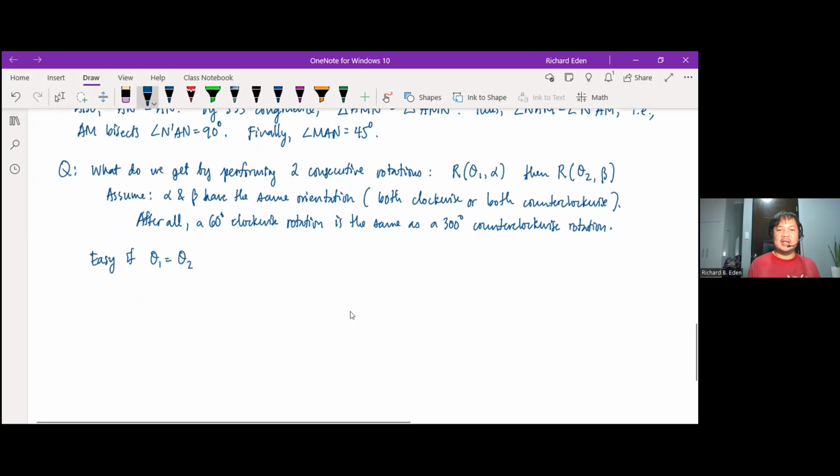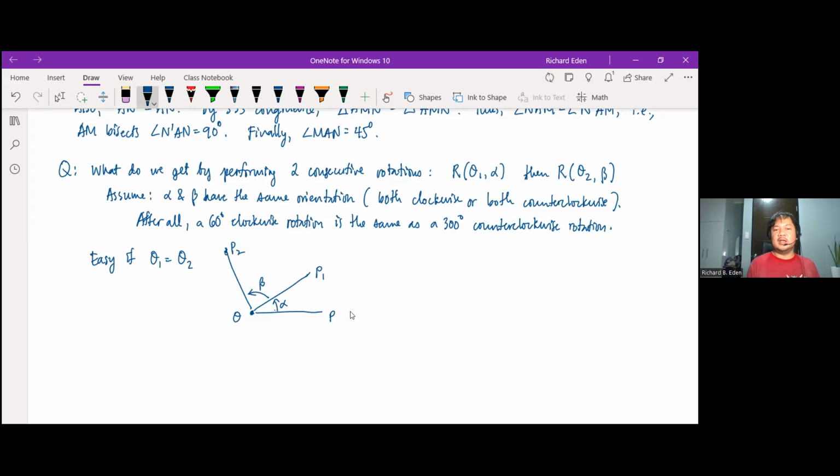All right, kasi mangyayari, let's say common center, then you have a point P. And then you rotate it alpha, so that's P1, and then you rotate beta, okay, and then the image is P2.